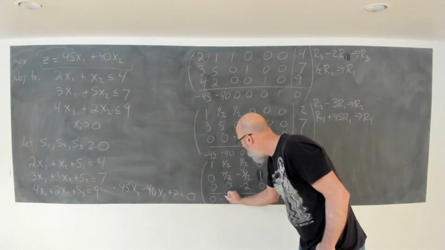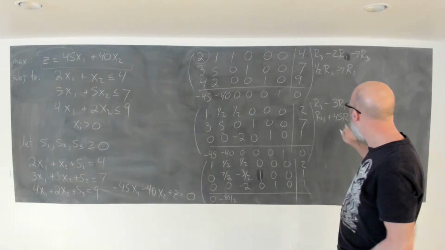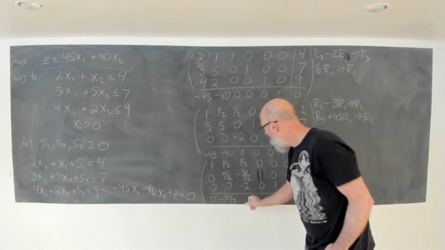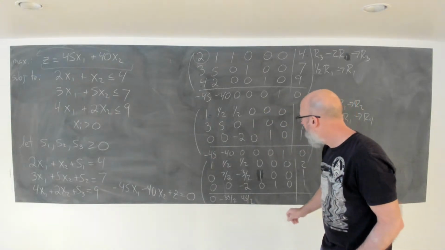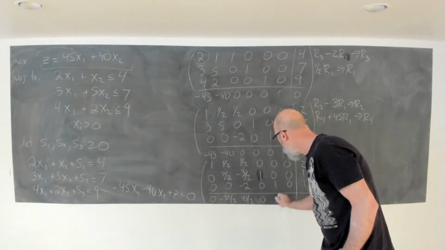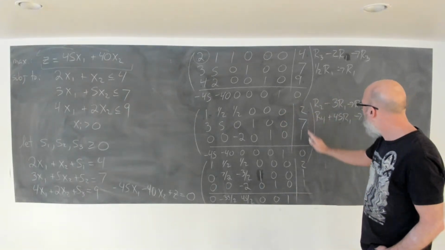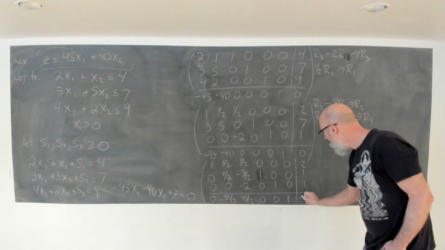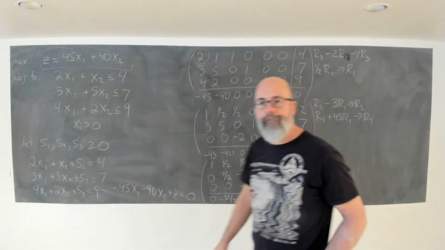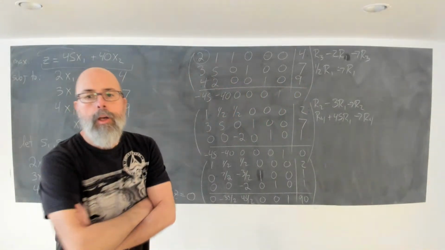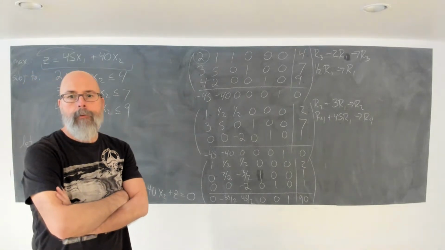Minus 35 over 2, is that right? You can tell me. 45 over 2. 0, 0. And 90, 90. Is that correct? It's fine to do so just by circling it, absolutely.